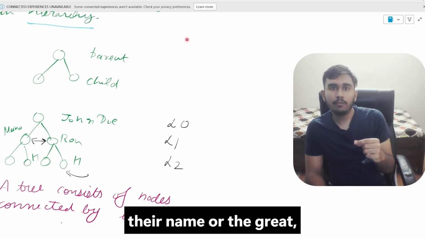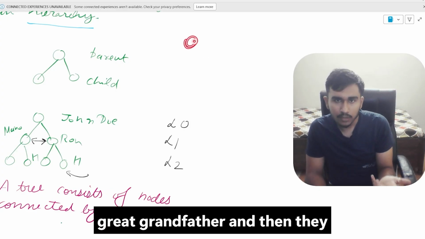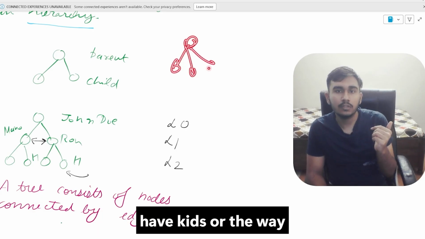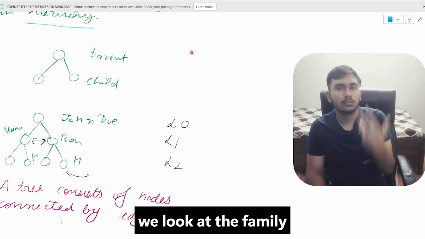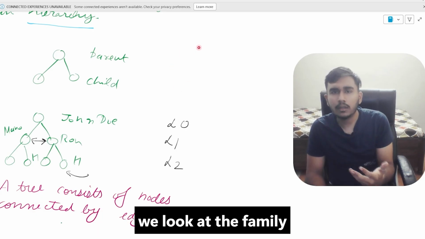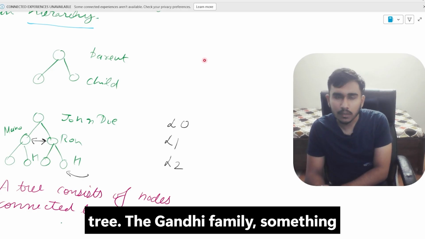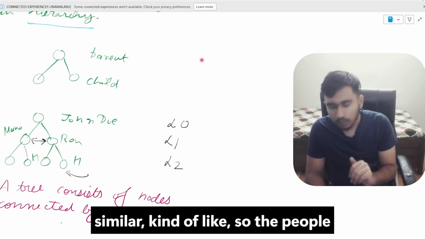So they have, let's say, their name or the great great grandfather, and then they have three kids, or the way we look at the family tree of the Gandhi family. Something similar, kind of like.